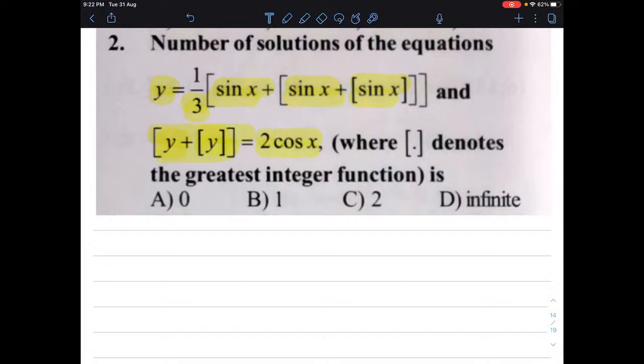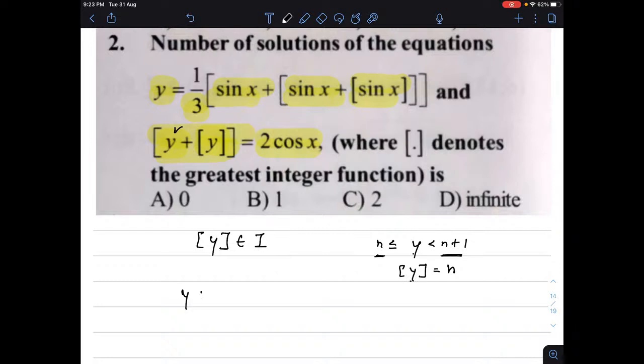The most important thing is that the greatest integer function of y belongs to the integers only. So where will it lie? Suppose y lies in the interval n is less than or equal to y is less than n plus 1; then the greatest integer function of y becomes n.